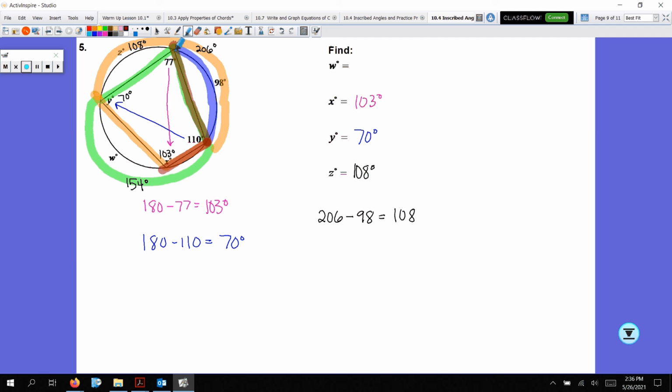Now it looks like I have a brown line. But do you see that this arc is all of this measure here of the circle? Now that brown line I just drew intercepts this arc. I'm going to use gray. Do you notice it overlaps at 108 and it encompasses that W that we're looking for?